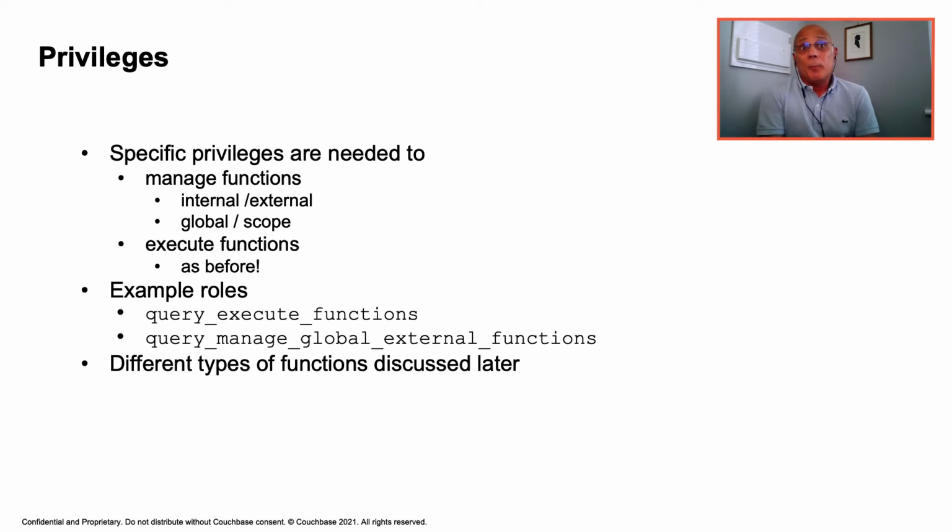Now, on top of that, you also need all the privileges to execute whatever Nickel statement your function executes. There's no cascading of privileges from the creator of the function to the user that executes it. All the rights need to be assigned beforehand.